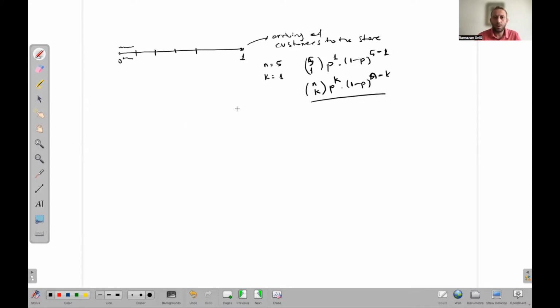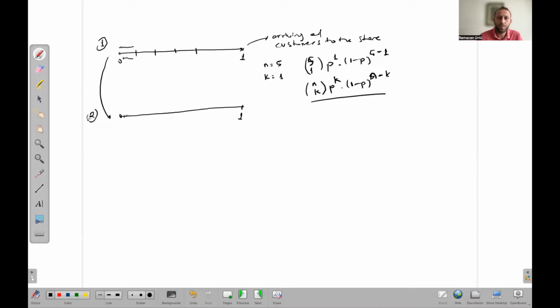Now approximate this to the continuous case, meaning we have infinite time buckets within this time interval. How can I approximate the first one to the second?